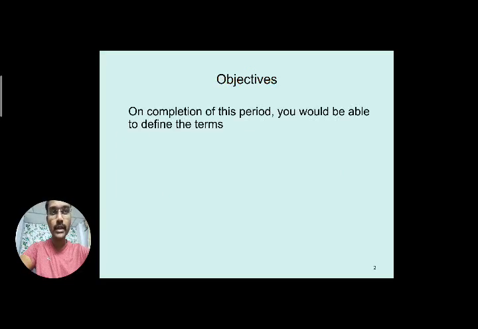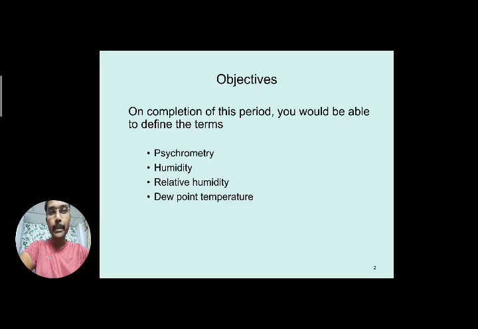Coming to the objectives, after the completion of today's class, you would be able to understand what psychrometry is, and some psychrometry related terms will also be discussed in this video session. That is humidity, relative humidity, DPT, the dew point temperature, DBT and WBT, the dry bulb temperature and wet bulb temperature.